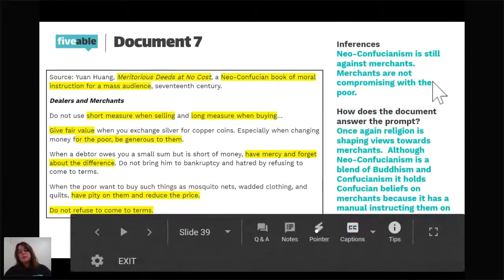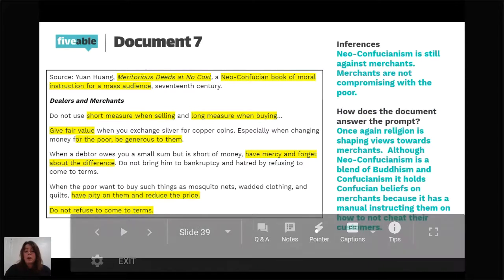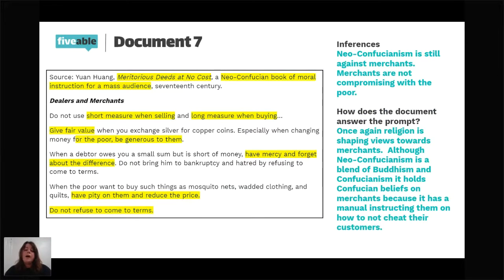So inferences: Neo-Confucianism is still against merchants. Merchants are not compromising with the poor. If we remember, Neo-Confucianism was a blend of Buddhism and Confucianism. If we look back at document 1, that was Buddhism. It was very favorable towards merchants, especially if they're donating to the Buddhist temples. And then if we go back to, I think, document 2, Confucianism was not very favorable of merchants.